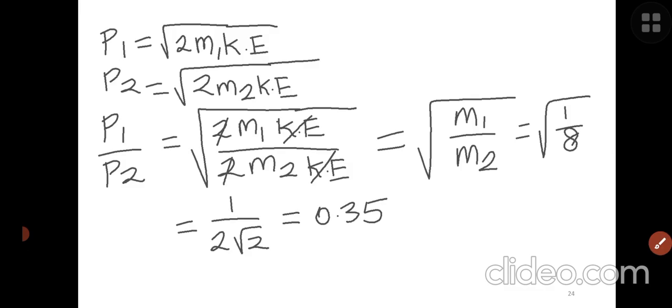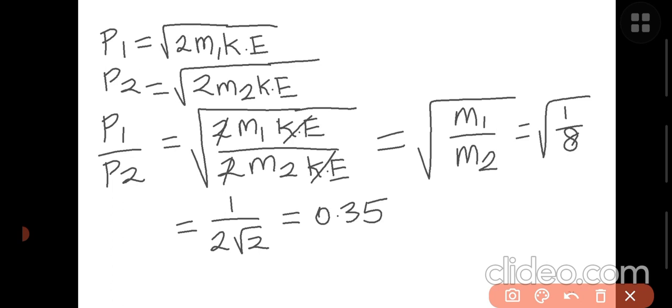Momentum formula is P1 equals square root of 2 m1 times kinetic energy. Similarly, momentum P2 is equal to square root of 2 m2 times kinetic energy. Here the kinetic energy for the two momenta will be the same.